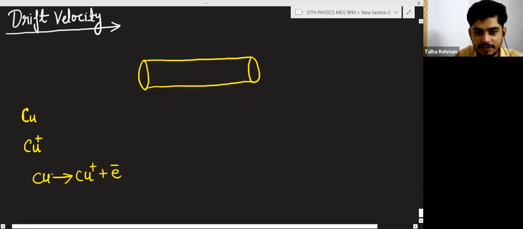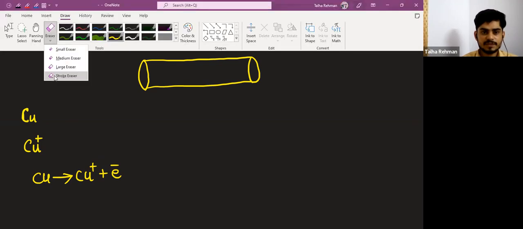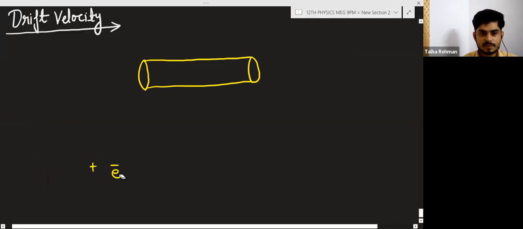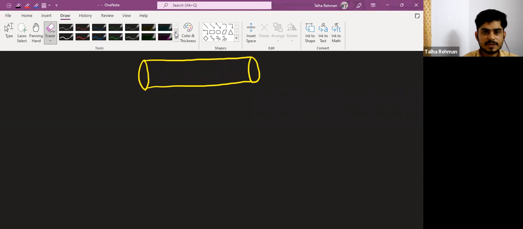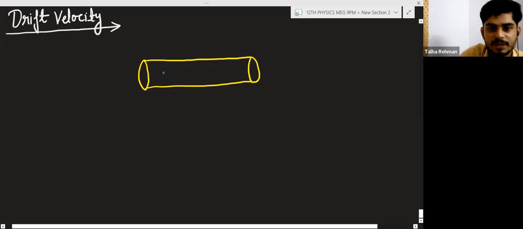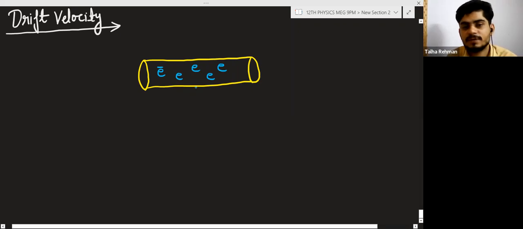When you heat this copper, this will give the electron. So in this way, conductors have free electrons inside the conductor. So here inside this conductor we have the electrons.